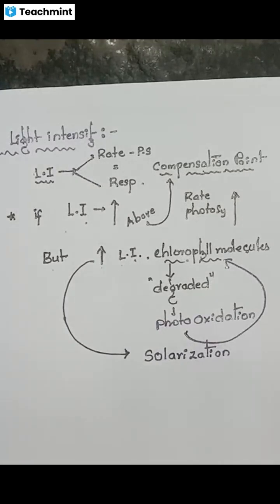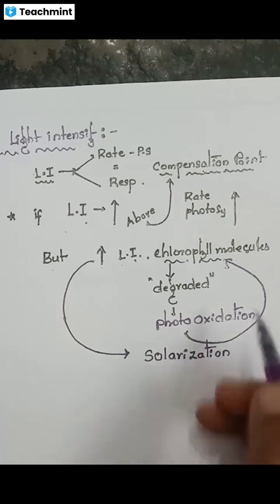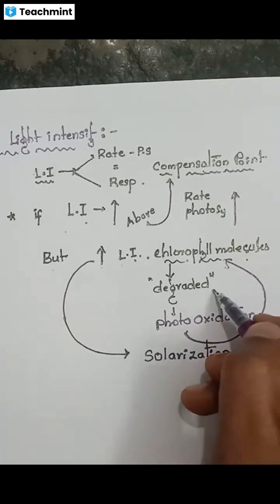The light intensity at which the rate of photosynthesis is equal to the rate of respiration is known as the compensation point. If light intensity is increased above the compensation point, the rate of photosynthesis is increased. But in the presence of high light intensity, the chlorophyll molecules are degraded.